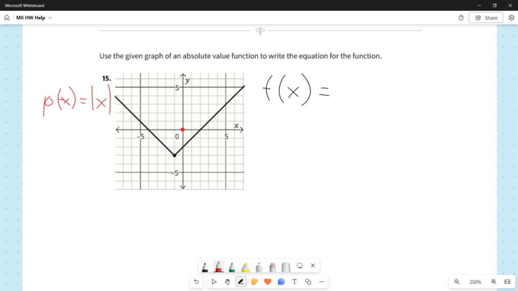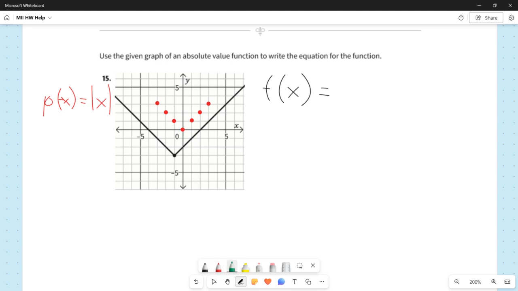And it's up 1 over 1, up 1 over 1, up 1 over 1, just like that. Right? So that's what the parent function looks like. And clearly this graph is not terribly different from the parent function. It certainly has some similarities, but it is obviously different. So we've got to figure out how do we express those differences? How do we express those transformations in our equation?